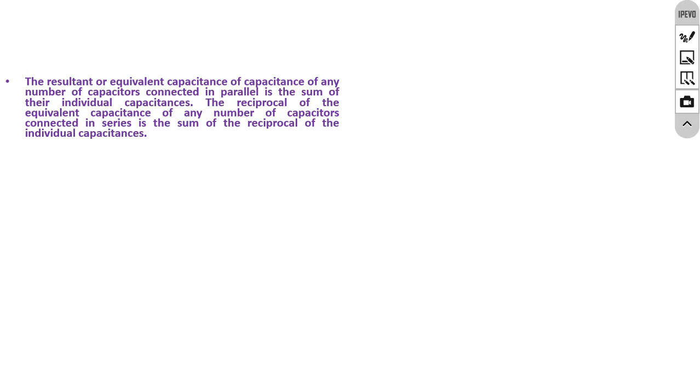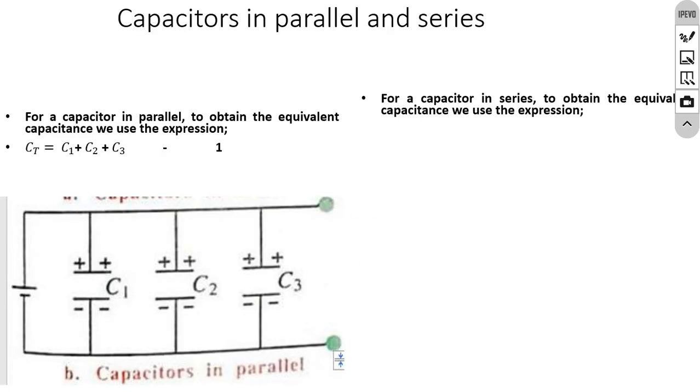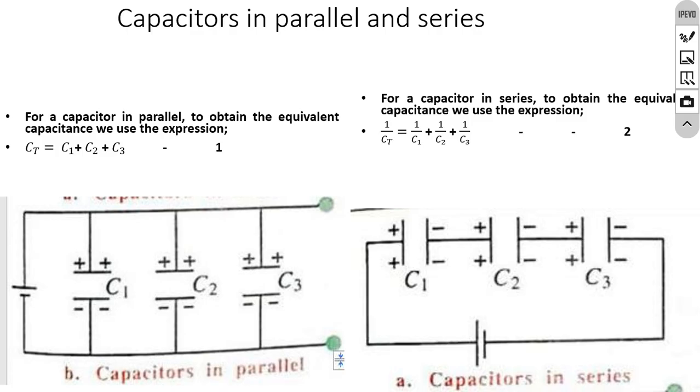The reciprocal of the equivalent capacitance of any number of capacitors connected in series is the sum of the reciprocal of the individual capacitances. Anyway, do not bother. The sentence there is simply referring to the capacitor in parallel and in series, which we have already shown here in equation 1 and 2.